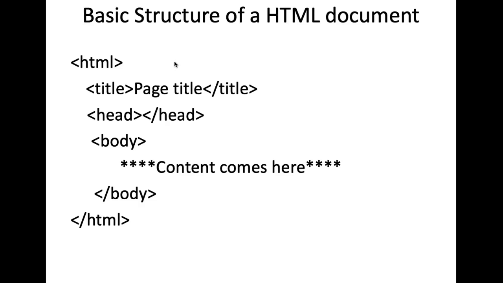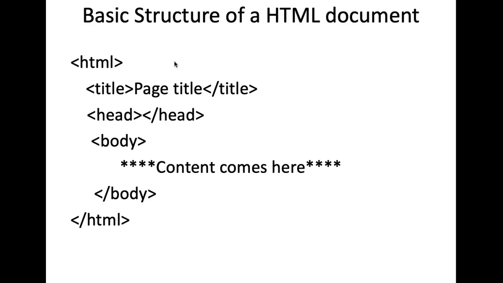So we're saying to the browser, hey, everything between the opening HTML tag and the closing HTML tag will be HTML. Then we have a title tag. This is the tag that you see on a browser when you look at a tab. So if you look at the top of the browser, you generally see the page title. This is a really important element as search engines like Google will pay close attention to this title when it categorizes your website.